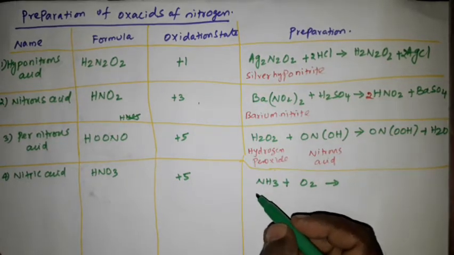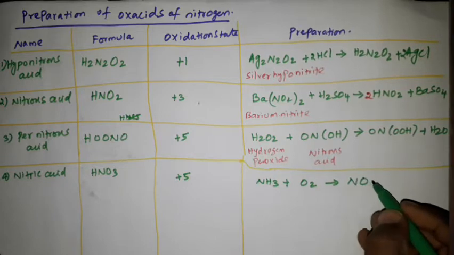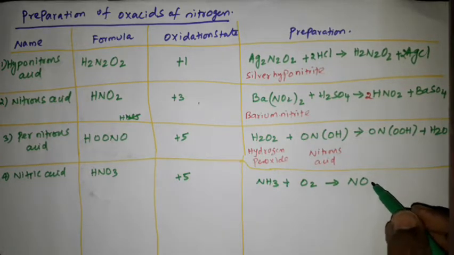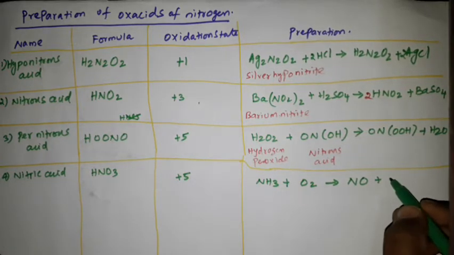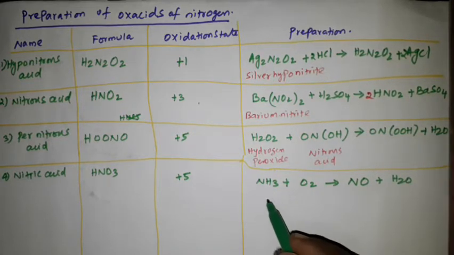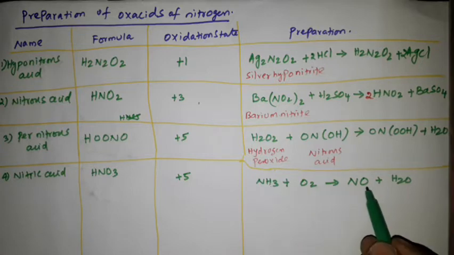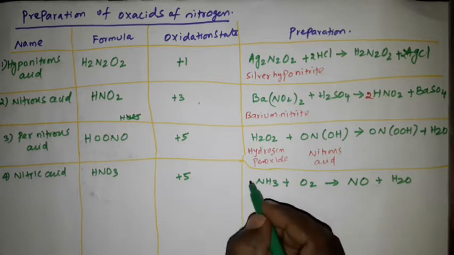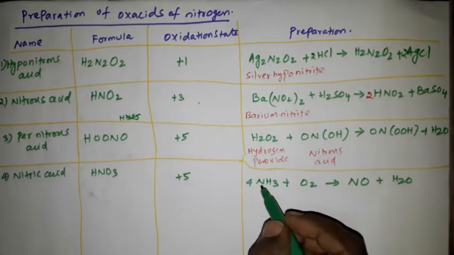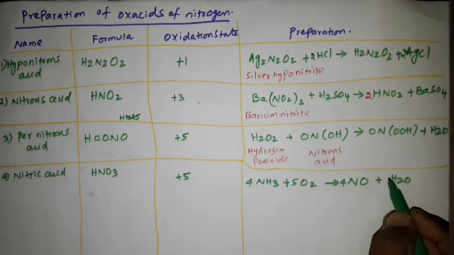First step: NH3 plus oxygen, we will produce nitric oxide, that is NO, plus H2O, water. In step number 1, NH3 ammonia plus oxygen gives NO plus H2O. Balance the equation: put 4 here, then 4, then put 5, and here 6.